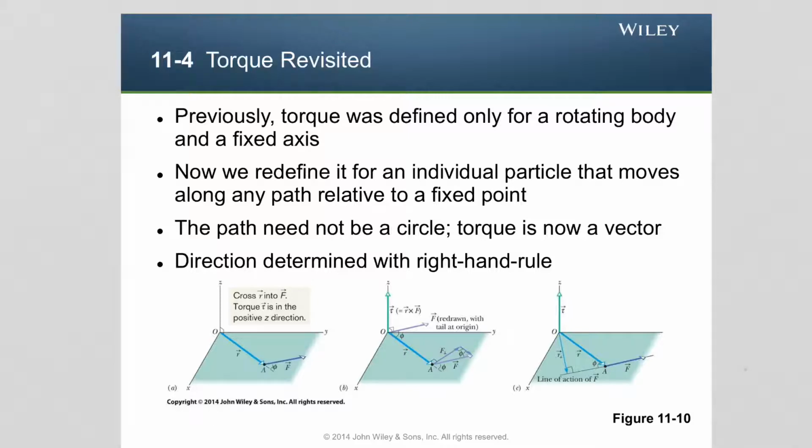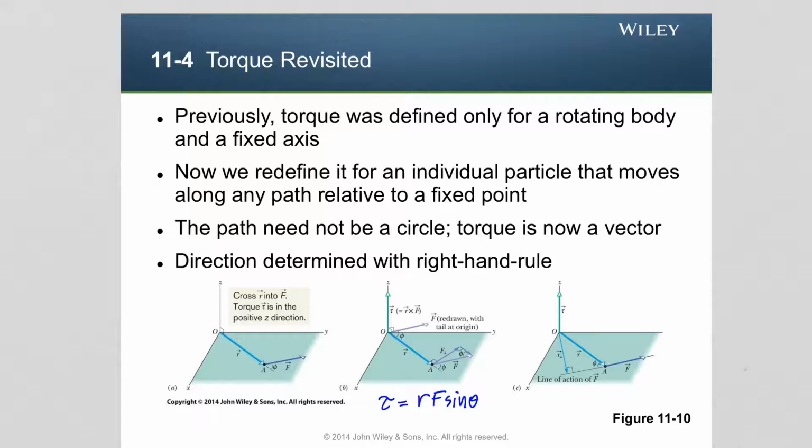We know already that only the component of the force perpendicular to r, here labeled F perpendicular, is going to cause rotation about this fixed point at the origin of the coordinate system. Therefore, the torque that this force generates at point A will have a magnitude equal to the product of the length of the position vector r and the perpendicular component of the force, F sine of phi. But this again is the definition of a cross product.